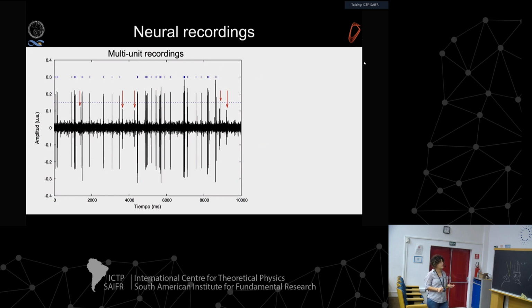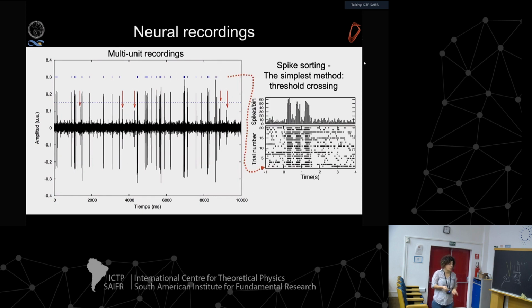For example, if you put a threshold here, each dot will be a spike of these bigger neurons, and then you don't count these smaller ones. This is what we call spike sorting. The simplest method is threshold crossing. If you have a good signal, you can put a threshold and separate these big guys from these small ones, okay?